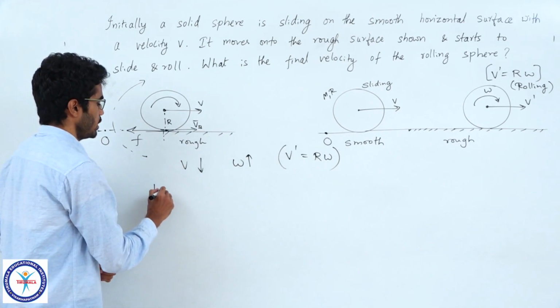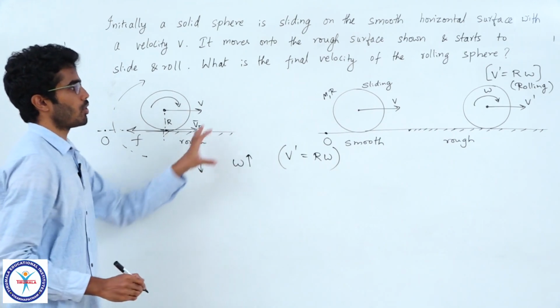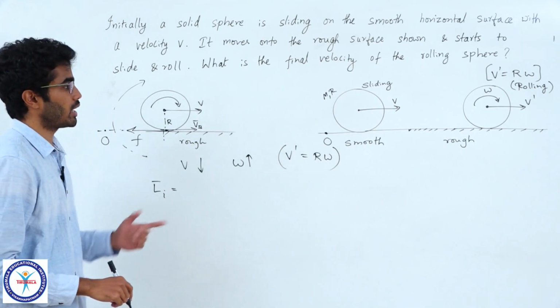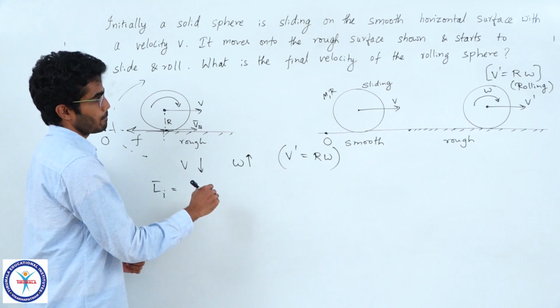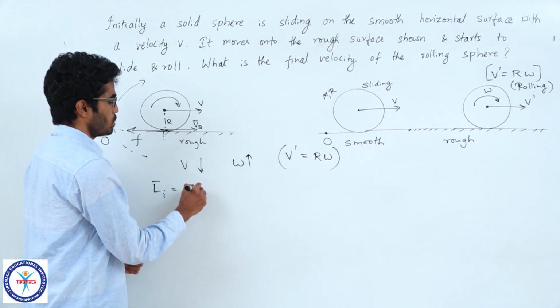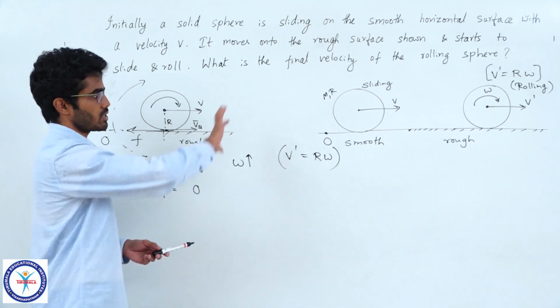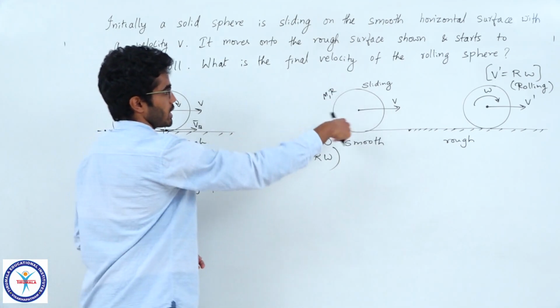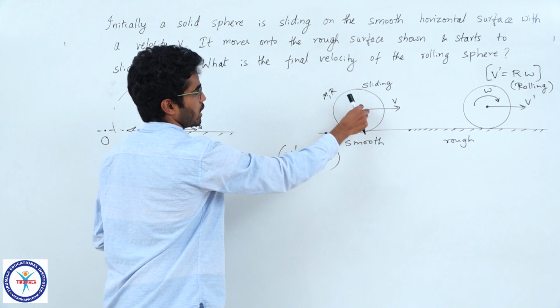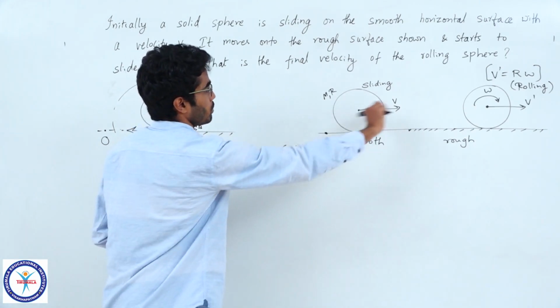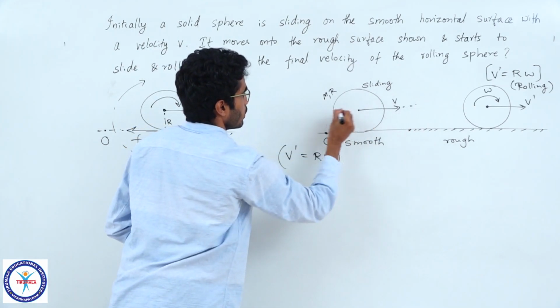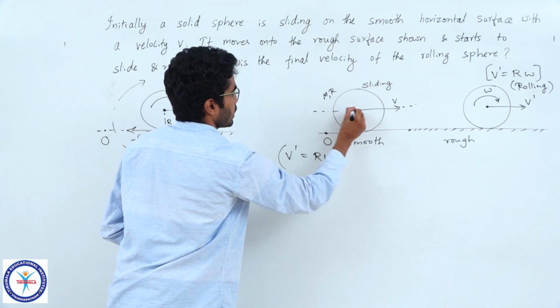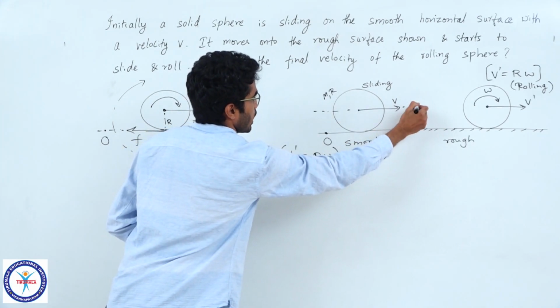So, L initially, the object is only sliding, so the angular momentum due to the rotation aspect is 0, because it has no rotation about center of mass, plus treating this entire mass to be located at center of mass and the point mass to be moving towards right, the angular momentum due to its translation is r cross p.